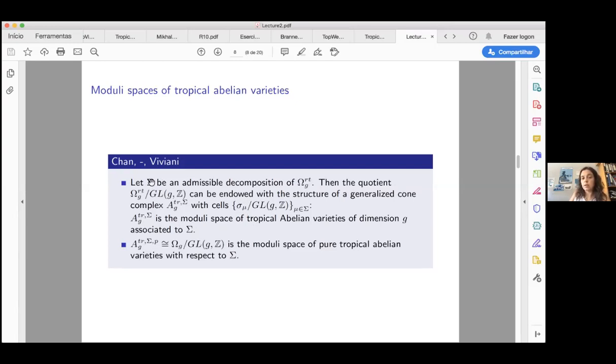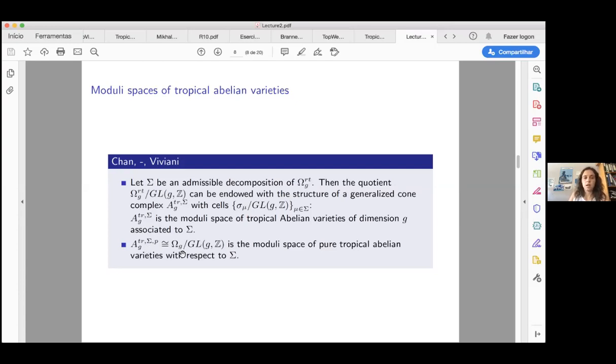Remember, this is a collection of cones dividing Omega_g rational, and there's this action. We mod out by this action, and there's a way to take a representative for each class and to build afterwards a space out of this, which will have this structure.